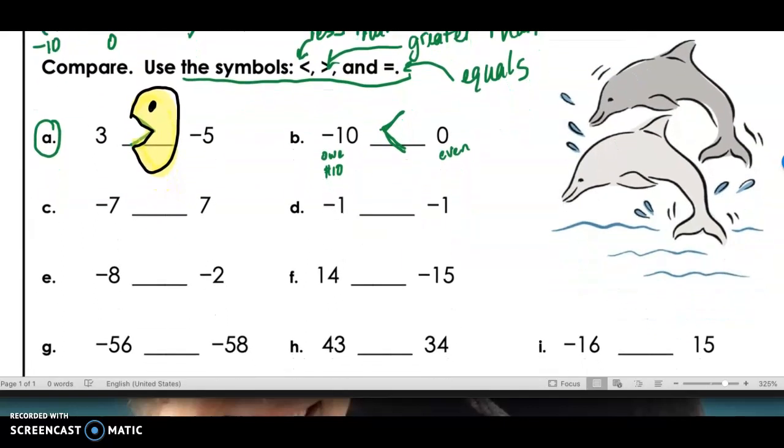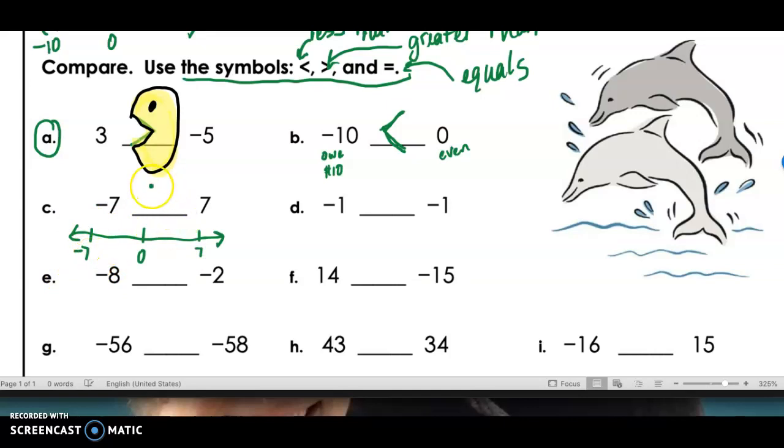All right, let's take a look at -7 and 7. Some of you might quickly say those are equal, but this one is I owe you 7, and this one is I have 7. If you draw a little number line, always put your 0, and then the +7 goes on the right side and the -7 goes on the left side.